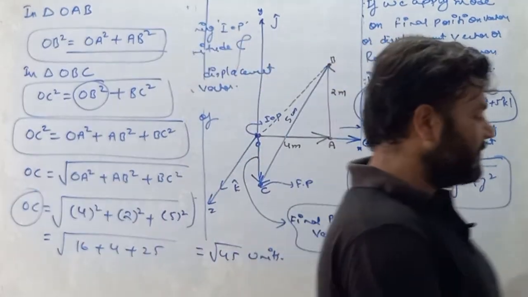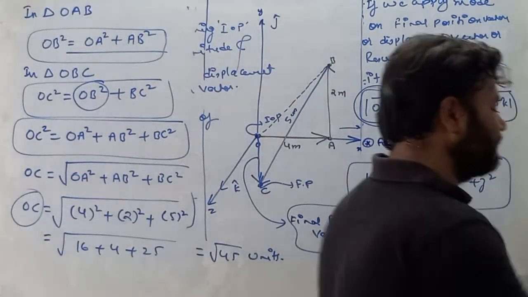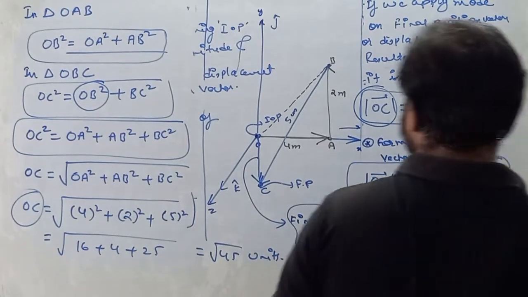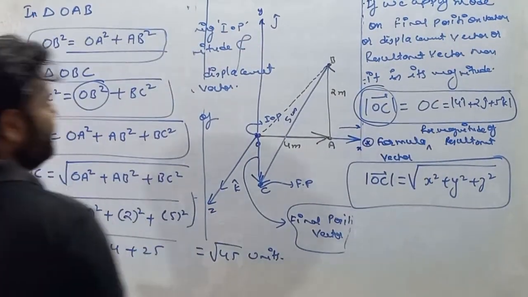So I hope you all understand how to find the magnitude of the resultant vector, which is the OC vector.